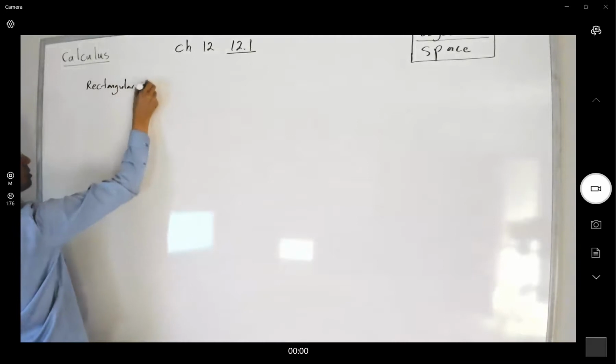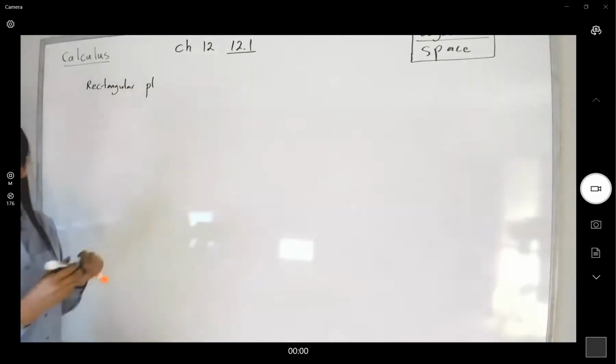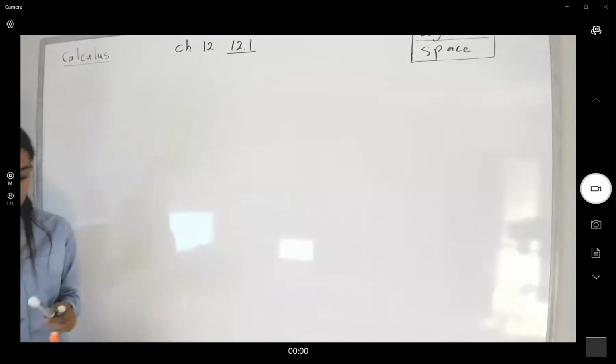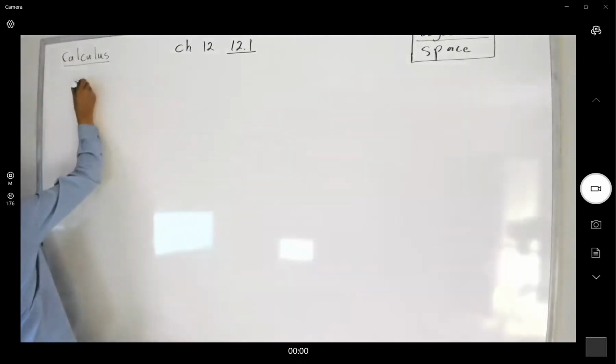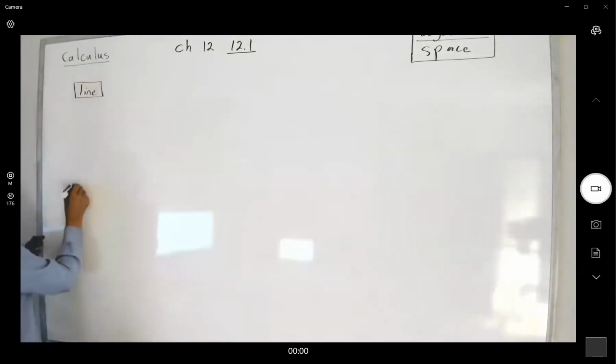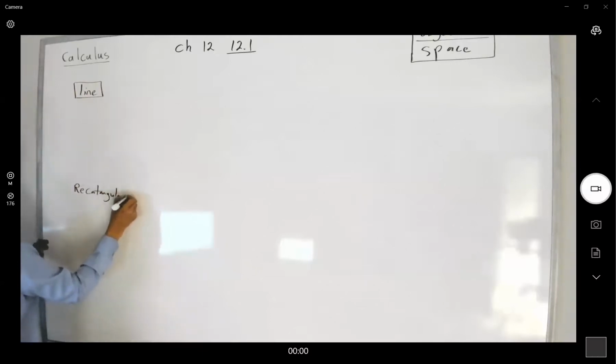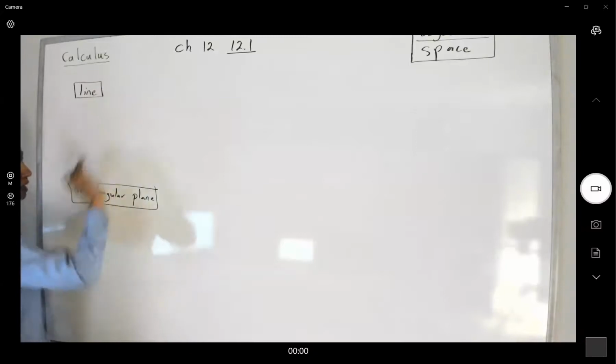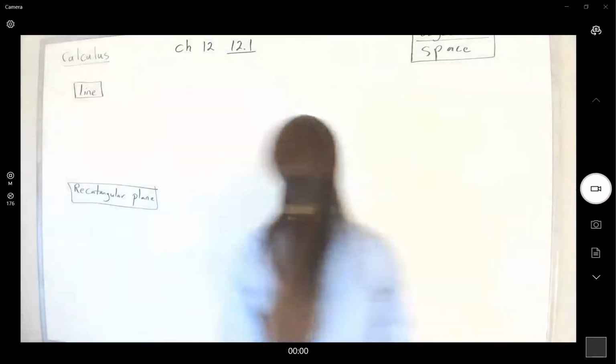Let's talk about line, then rectangular plane, and then we continue that. From pre-algebra, line, then a rectangular plane, Cartesian plane. Now we're going to talk about the space.